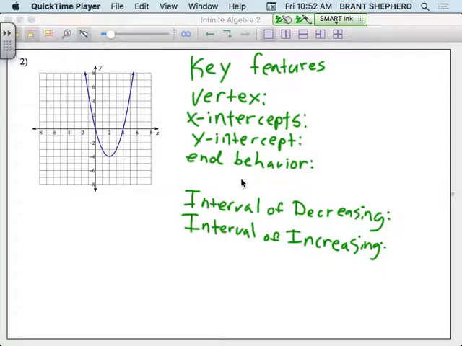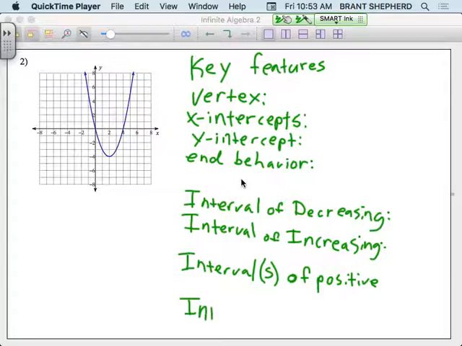I might be asked to give the interval of positive, intervals of positive if there's more than one, and the interval or intervals of negative.